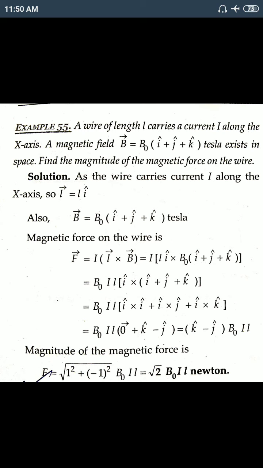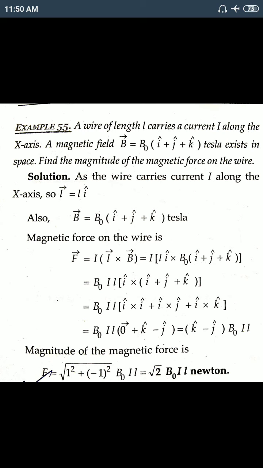So I into L i hat cross B0 into the expression of B. If you solve this, you get the final expression, that is (k hat minus j hat) B0 I L. Try to solve it at home, and if you don't understand, tell me.